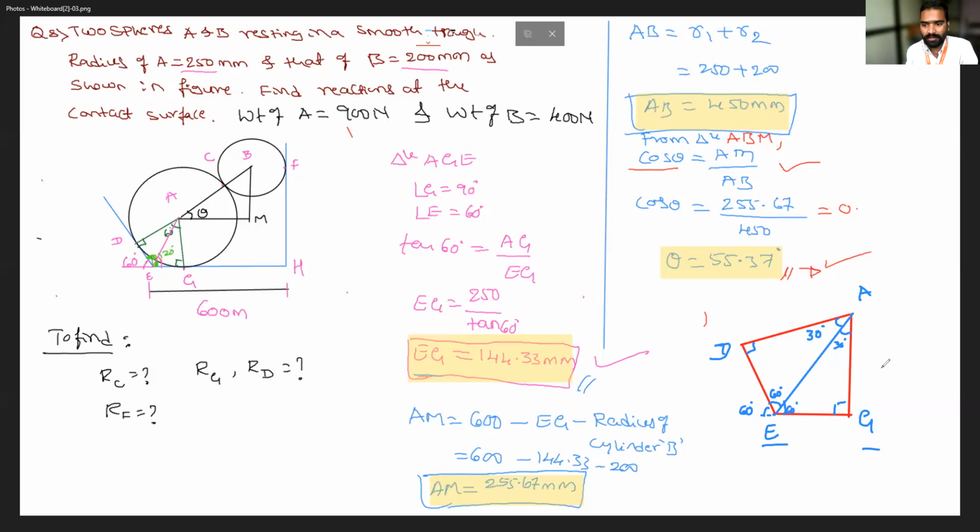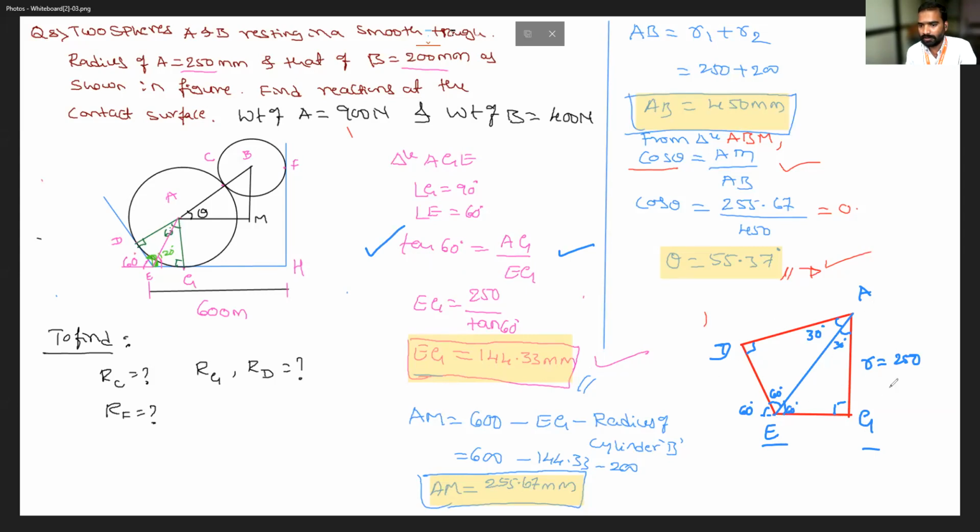That is radius of the cylinder, 250. This 250 is known. AG is known, 250. I want to find out EG. So how to find it? Applying tan 60. Tan 60 is equal to AG upon EG. So that you will get the value of EG. EG is equal to 144.